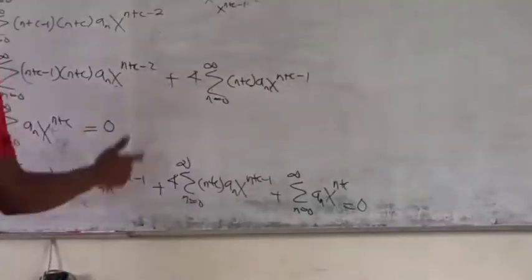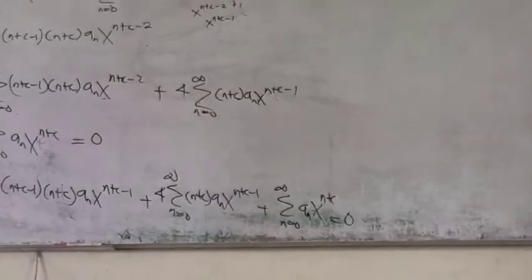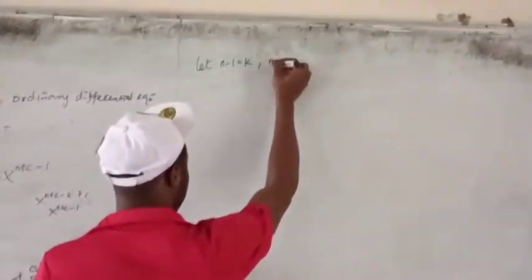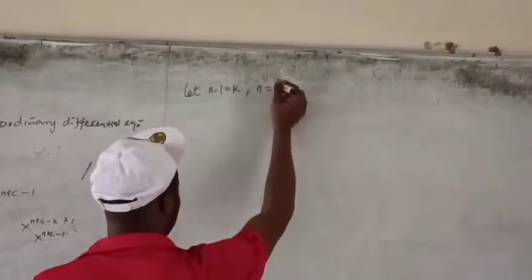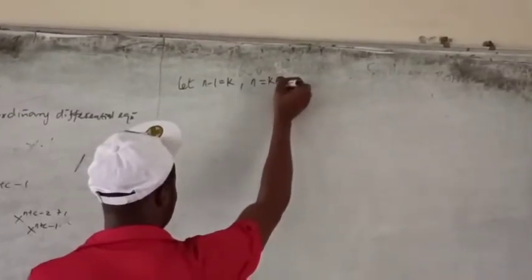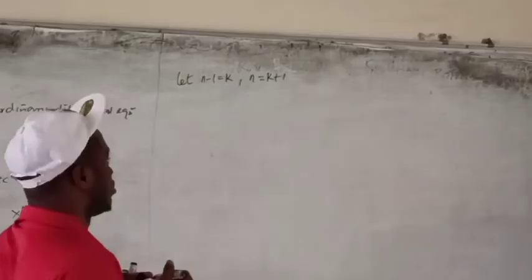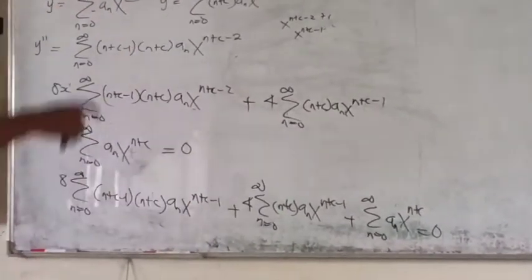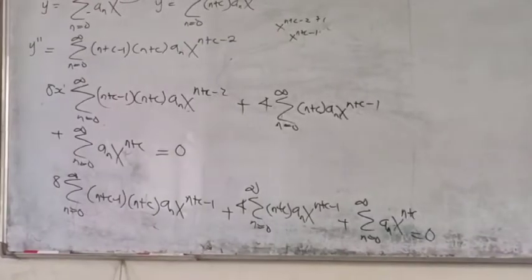Since it's negative 1, n minus 1 equals k. So I know that my n is equal to k plus 1. Wherever I see n, I indicate k plus 1, and wherever I see n minus 1, I should know that it's actually equal to k.